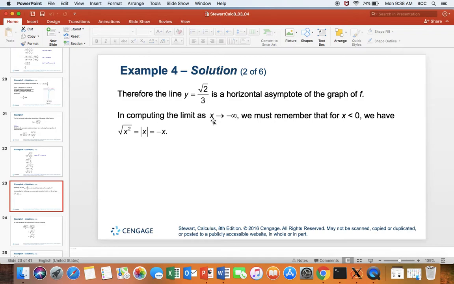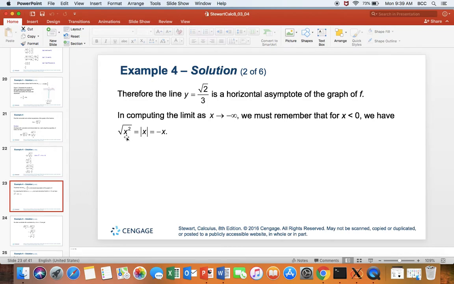What happens to the left hand side? When x is approaching negative infinity, you must remember the square root of x squared is negative x. The point is the square root of x squared is always the absolute value of x. Think about it. If x were negative 3, it becomes positive 9 with the square, then the square root gives you positive 3.